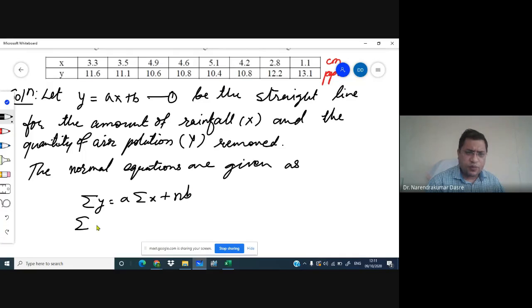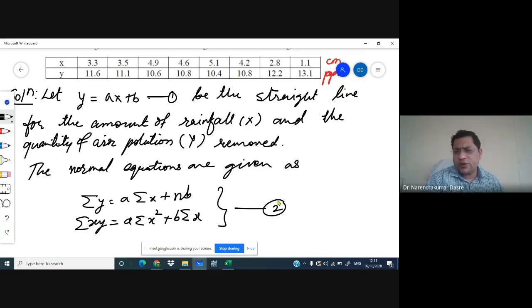Then multiply this equation by x and take the sum, so you have summation xy equals a summation x square plus b summation x. This is equation 2, the normal equations.